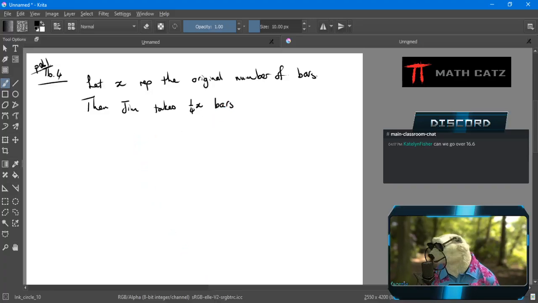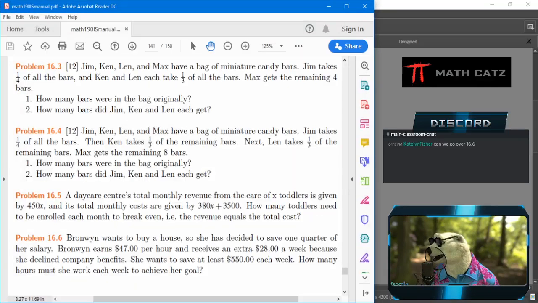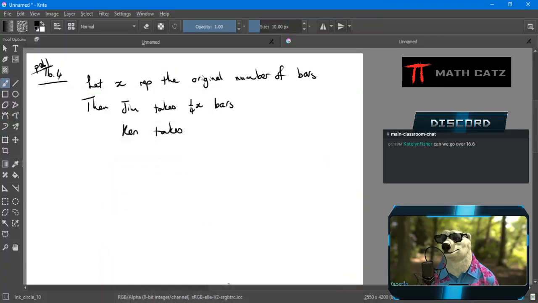Bars. Who's next? Ken. Ken takes a third of what's left. So what is left? x minus 1/4 x. A third of that.